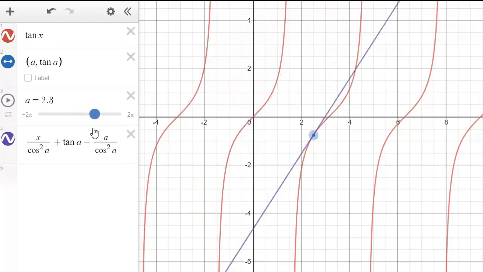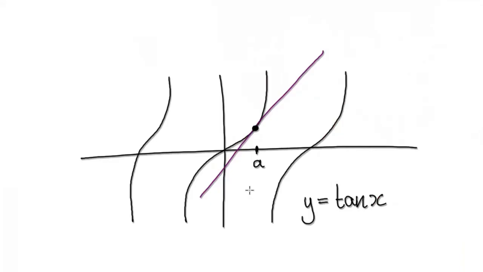Okay, so jump back to here. The equation of this tangent line, well, it's a straight line, so it's going to be of the form y equals mx plus c. Our job is to work out the gradient and the intercept of this straight line. If you want to know the gradient of something, then you would differentiate it.